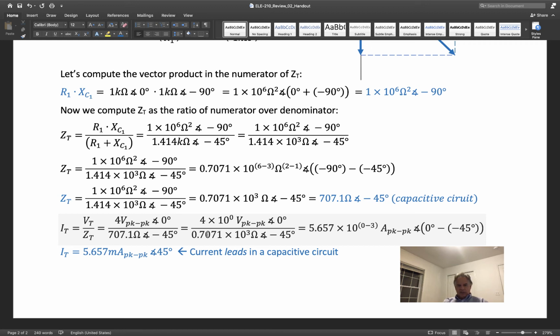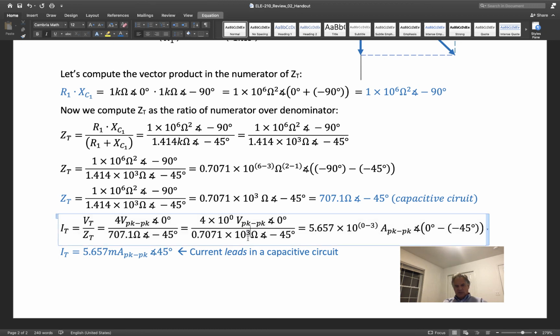And so we start to do the work here, and we kind of put these things back into some notation. 4 divided by 0.7071 will give us 5.657, and volts over ohms is going to give us amps. So I'm going to get 5.657 times 10 to the 0 minus 3.